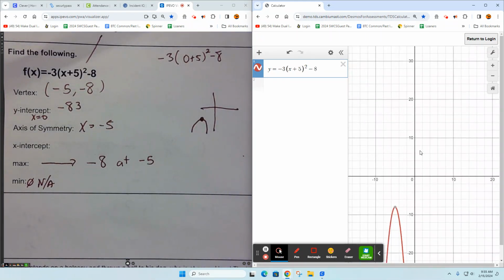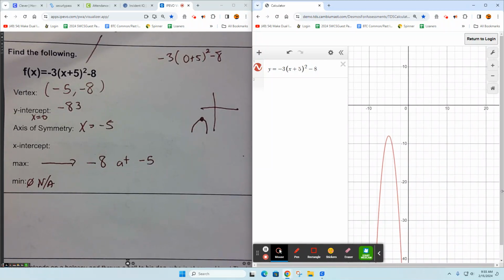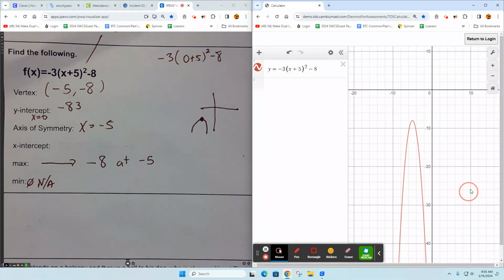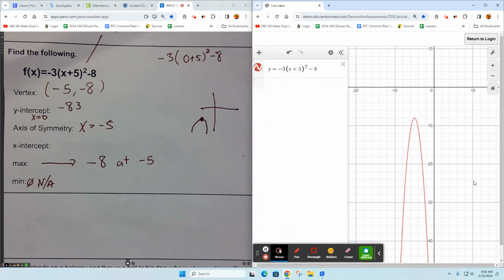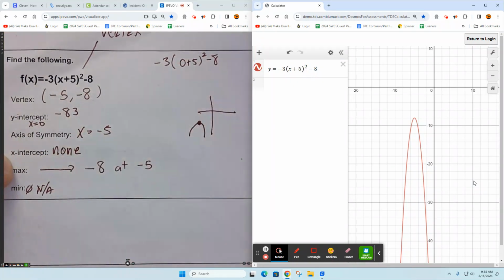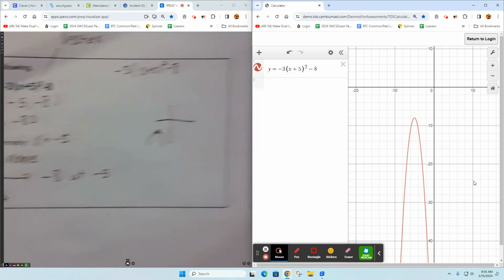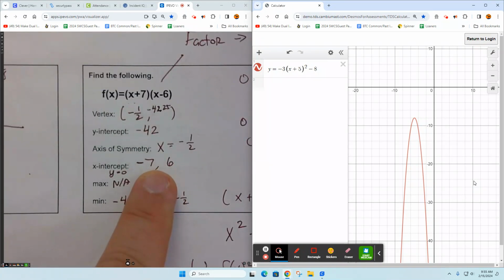Now, this is interesting. What are my x-intercepts here? Looking at this graph, what are my x-intercepts? None. It never hits it. So for this one here, we're going to actually say none, because it doesn't hit it. And we're able to do this one because it was in factored form.